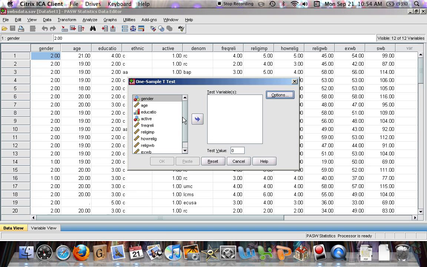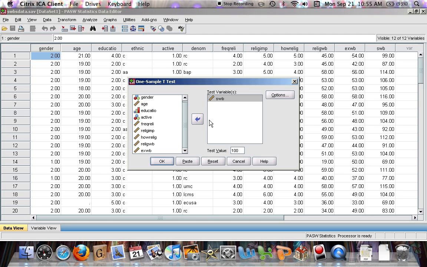And here, this is the spiritual well-being data. And let's look at spiritual well-being itself and put in, and this is just an arbitrary value, 100. And what we are testing is whether or not spiritual well-being in our sample is significantly different than 100 on average.